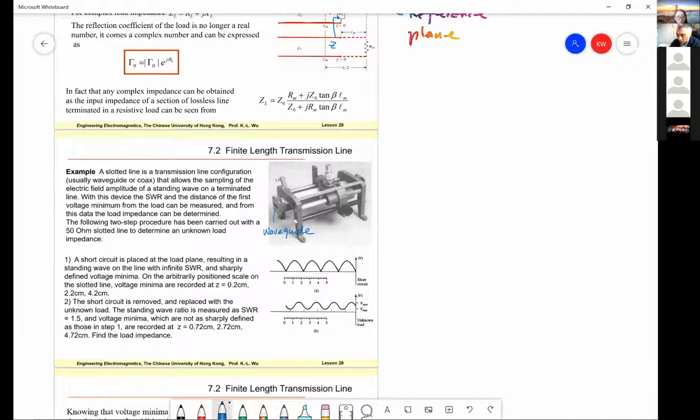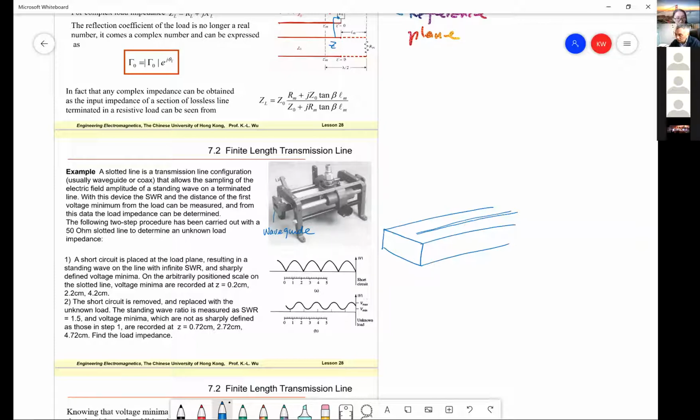So this is a rectangular waveguide. If you cut a very thin slot along the central line, then you don't disturb the field.